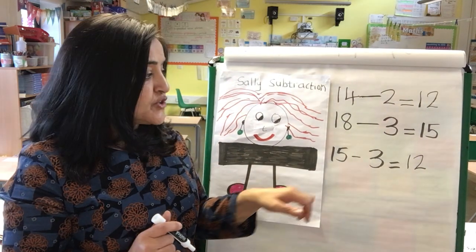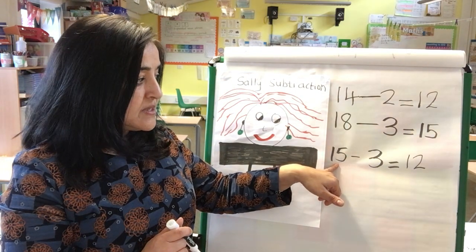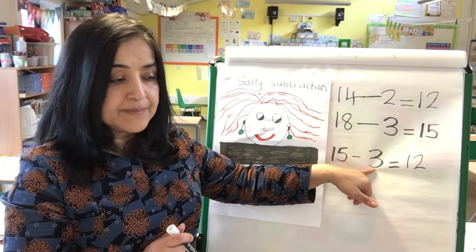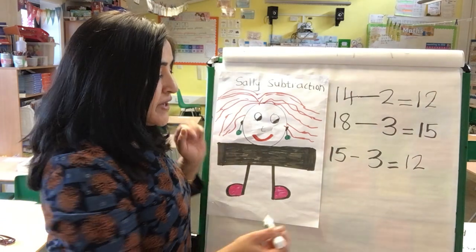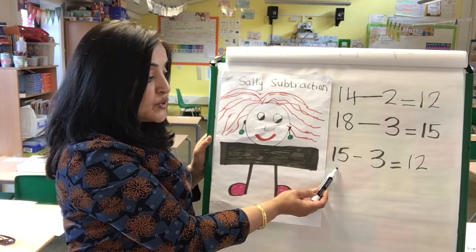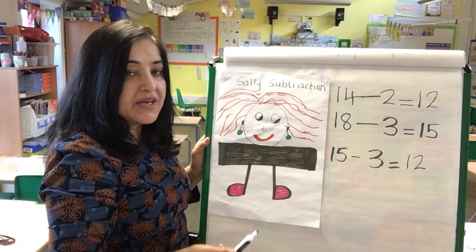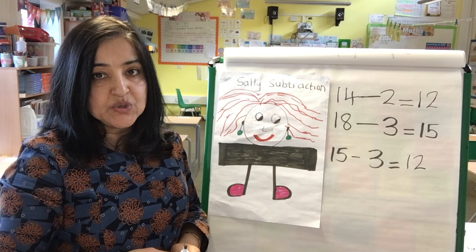And in my tray, there were 15 sorting toys. Sally Subtraction took away 3. And now there are only 12. So first, there were 15 toys. Then Sally takes away 3. Now there are only 12 sorting toys left.